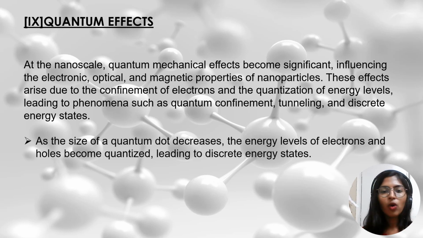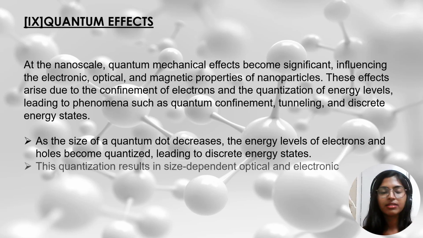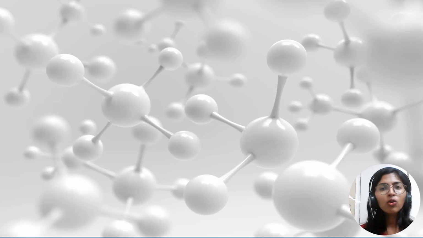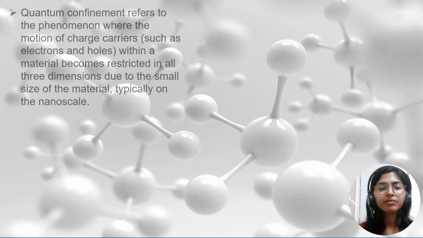As the size of quantum dots decreases, the energy levels of electrons and holes become quantized, leading to discrete energy states. This quantization results in size-dependent optical and electronic properties such as a tunable bandgap and discrete energy levels. So, what is quantum confinement?